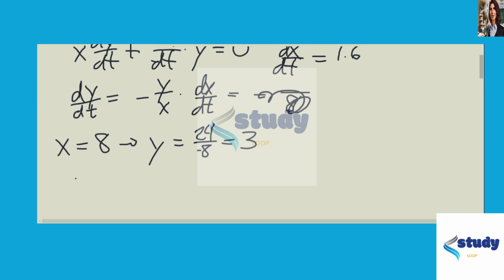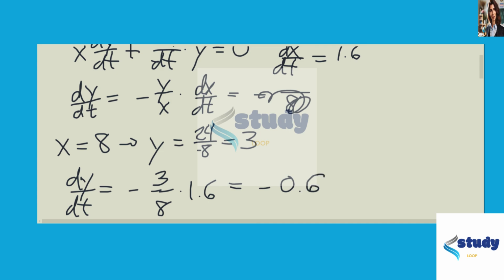And therefore, dy/dt is equal to negative 3 over 8 times dx/dt, which is 1.6, which is negative 0.6. And the units are in meters per second.